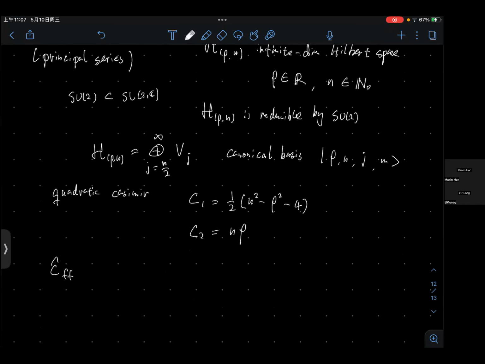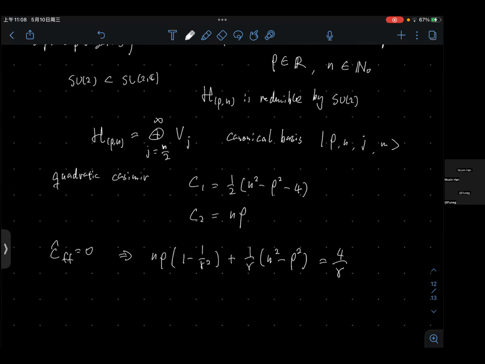So the first constraint, CFF equals 0. This gives you the equation between rho and n. You just plug in the result of the quadratic Casimir, you will get this. Okay.